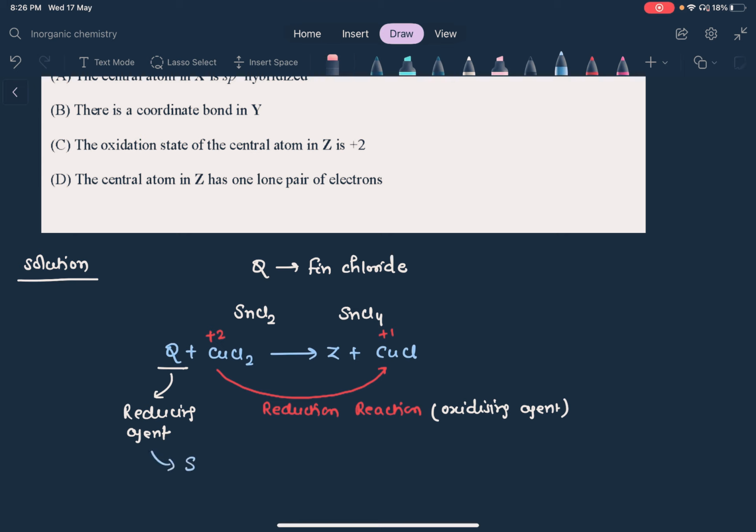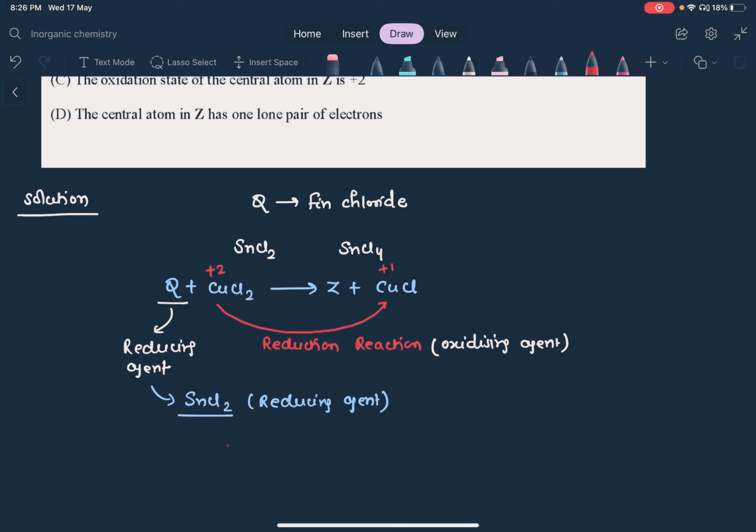We know that SnCl2 acts like a reducing agent, because tin is in the +2 oxidation state, it wants to lose electrons and go to the +4 oxidation state. So that's why tin chloride in the +2 oxidation state behaves like a reducing agent. That means we can say that Q is SnCl2.